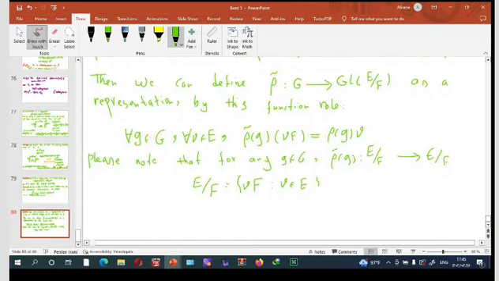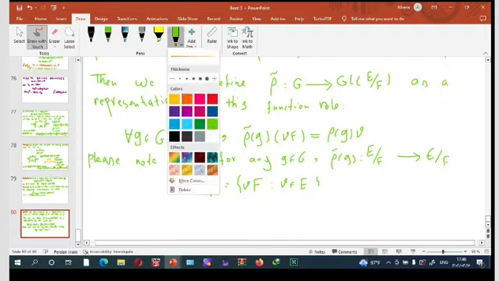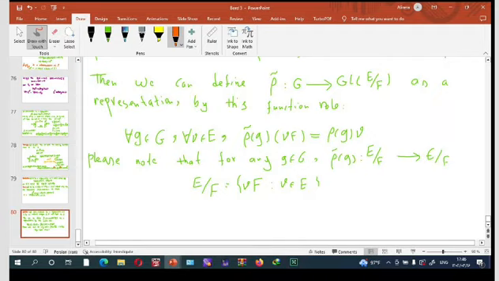And this function, by this function rho tilde, is a well-defined function.